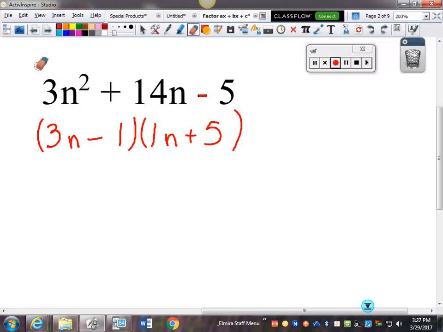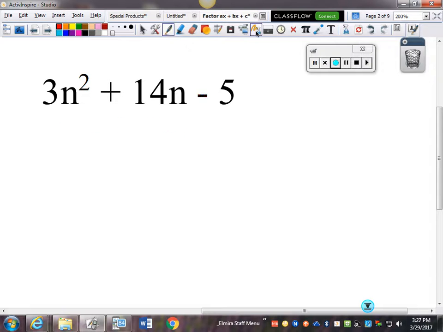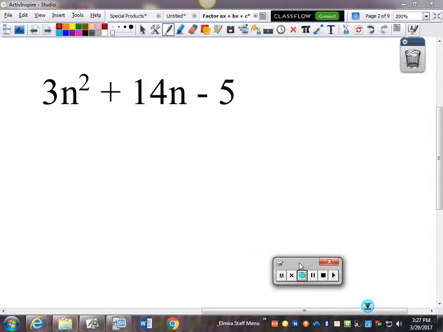If you didn't want to do trial and error, there's another method. I don't know that there's a specific name for it, but here are the steps. Step 1, multiply A times C. We'll worry about signs later, so don't worry about signs right now. 3 times 5 is 15.